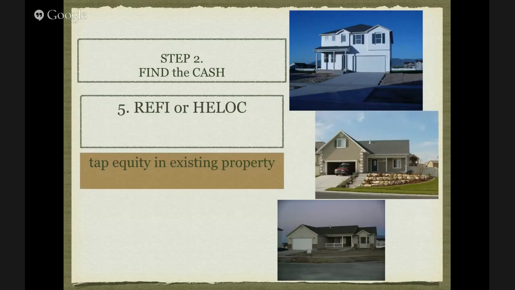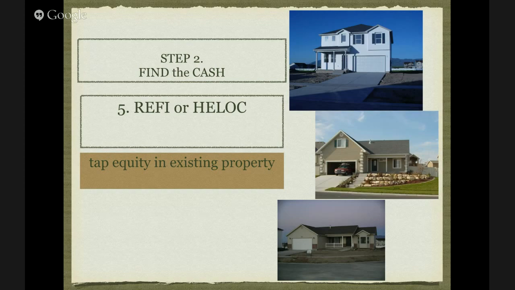So way number 5 to finance your properties is to refinance an existing property or take a home equity line of credit out on the existing property. I would say that all 3 of these houses that were new construction are houses that I used with this particular method. So I did a refinance on one of the rental properties that I already owned, that I've showed you already.